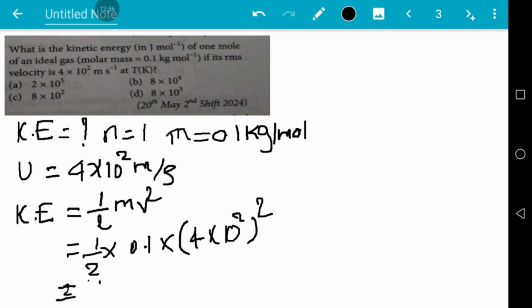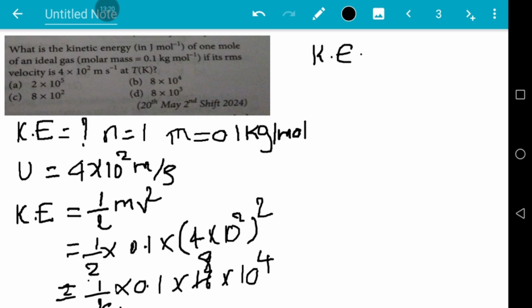So half into 0.1, and square it: 4 square is 16 into 10 square whole square, which is 10 power 4. Now cancel: 2 ones, so 2 eights. So 0.8 into 10 power 4 is 8 into 10 cube. So the total kinetic energy equals 8 into 10 cube.